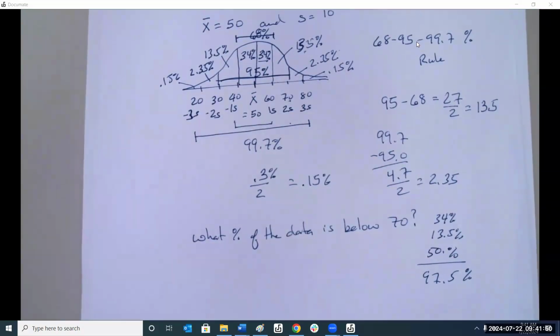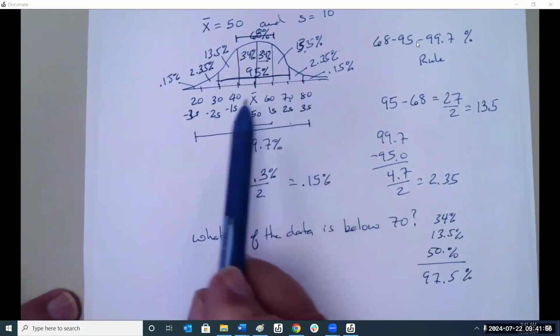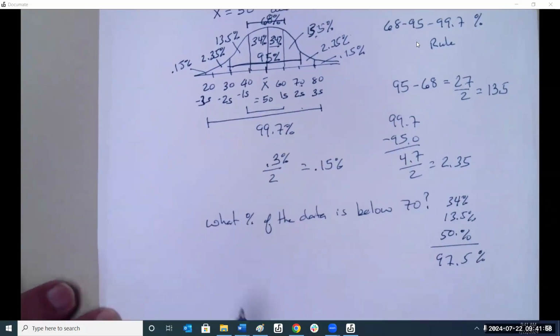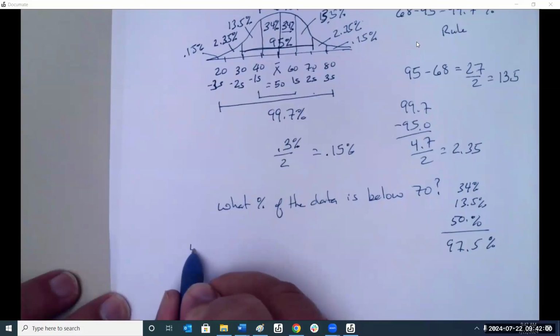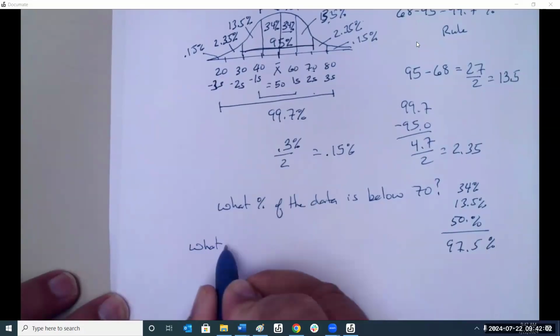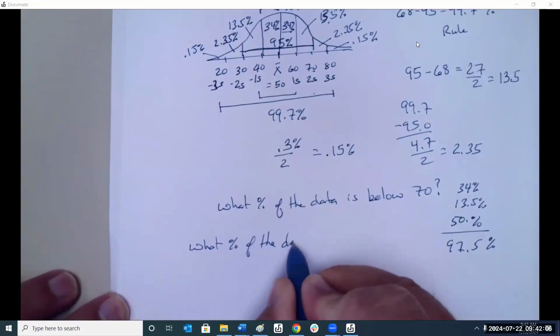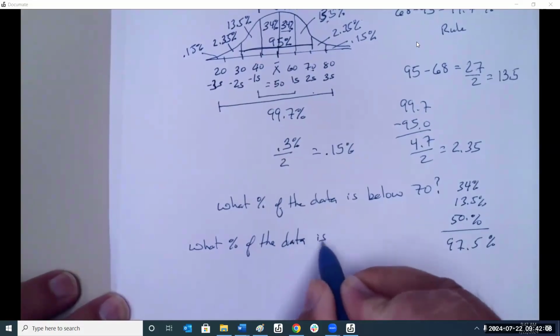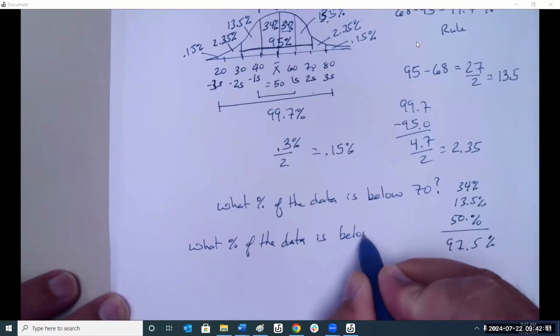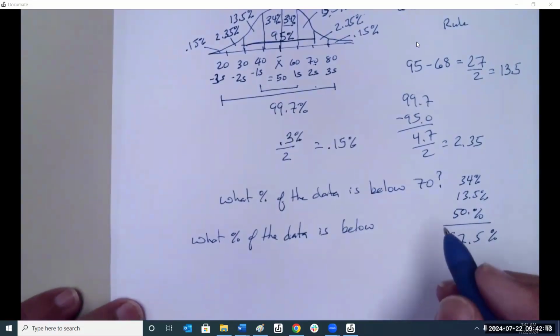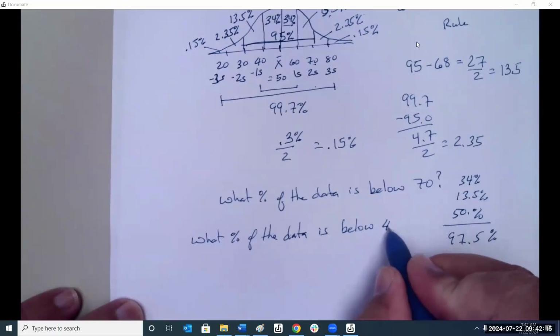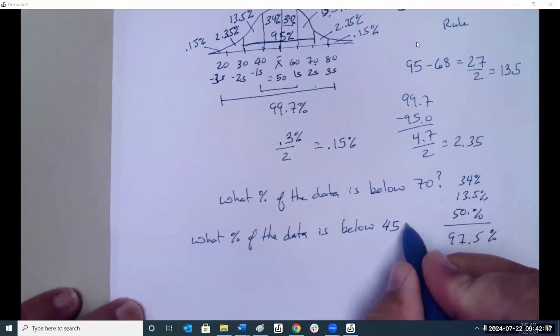So it works great if it falls on the standard deviations, and the standard deviations are 60, 70, 80, 20, 30, 40. What if I wanted to know what percent of the data is below 45?